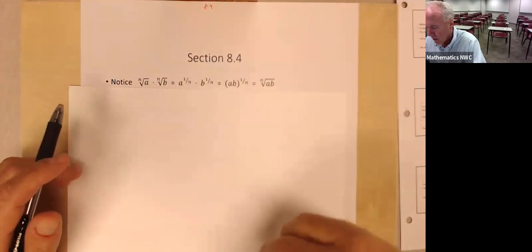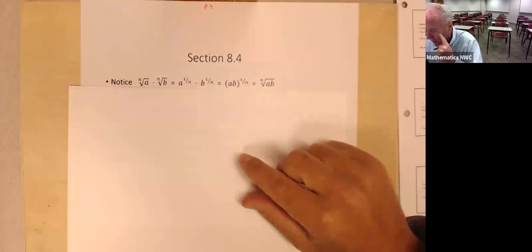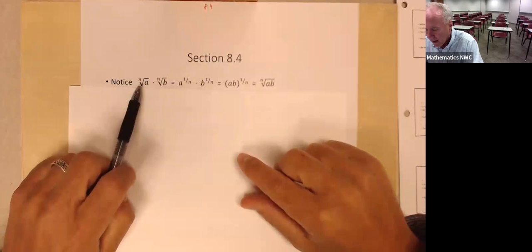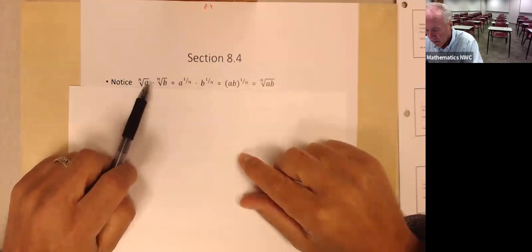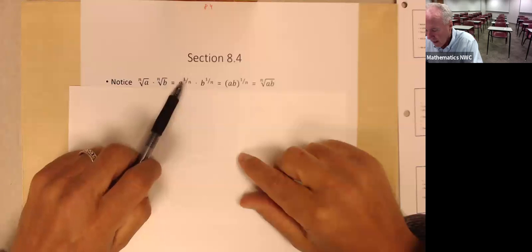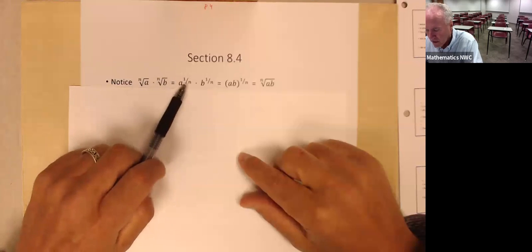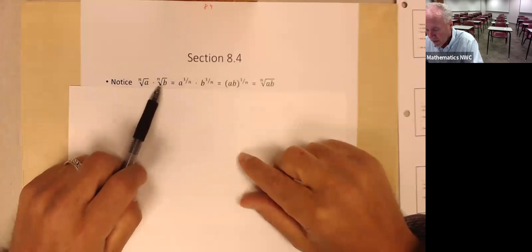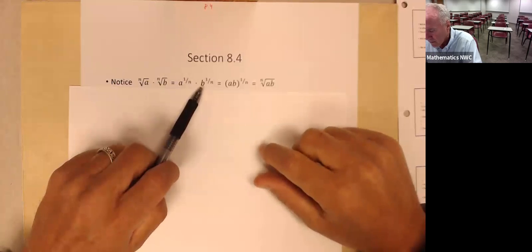One of the most important rules that we're looking at today for algebra is if I have the nth root of something times the same nth root of something else, that's no different than a to the 1 over n, because it was a to the first here, that's the fractional exponent. This nth root of b can be thought of as b to the 1 over n.